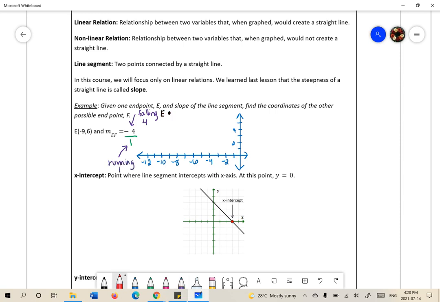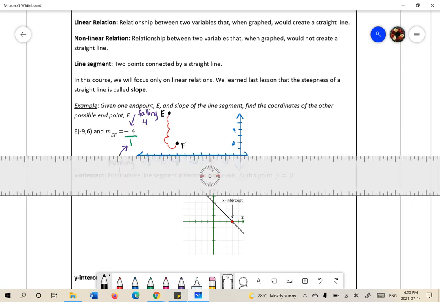I'm going to use my slope now to find a possible point of F. I'm going to fall 4, starting at E. 1, 2, 3, 4. And I'm going to run 1, 1. Now I can connect my 2 points to create a line segment.